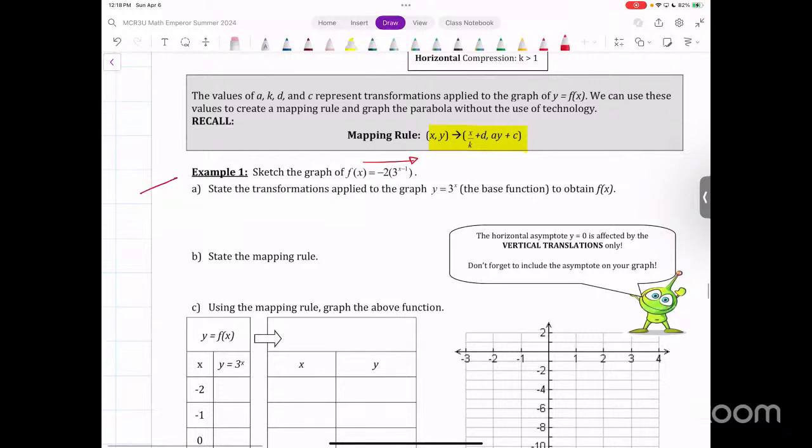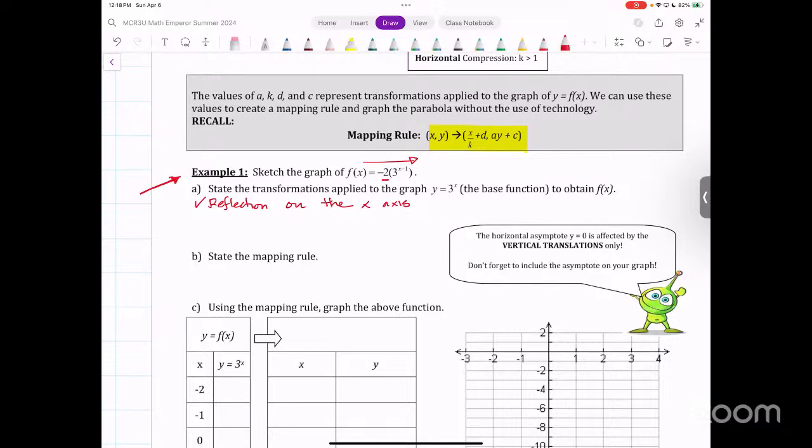Example 1. Reflection on the x-axis. Correct. You have to reflect first, correct. Yes, next. And then horizontal translation. How about the 2?